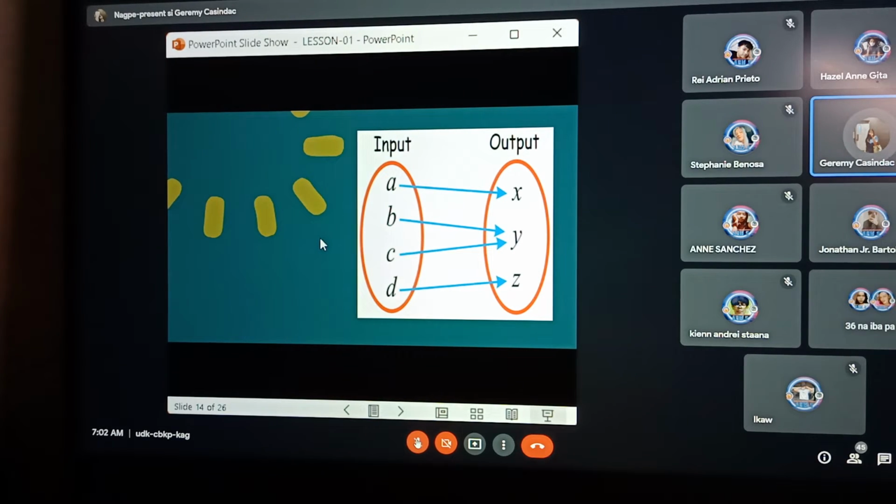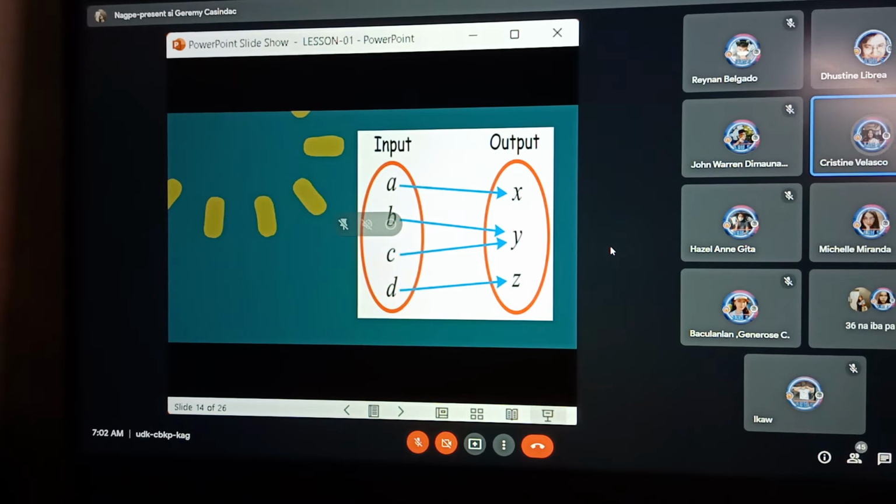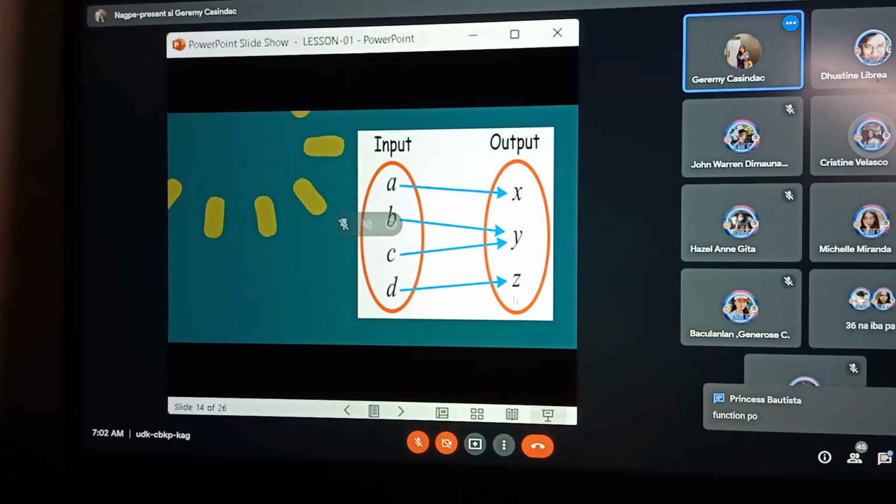How about this one? Function or not a function? Permission to speak. Reynan Delgado.